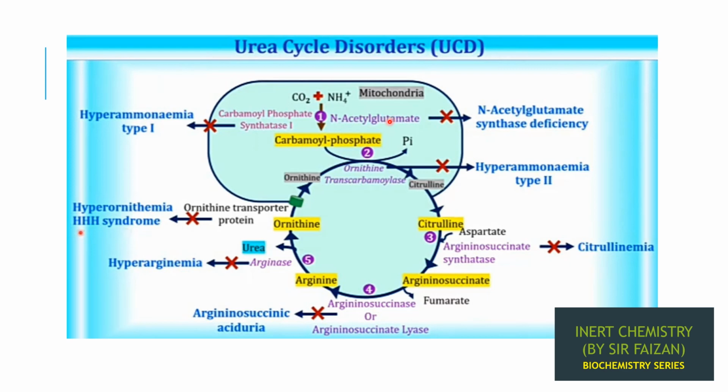This N-acetyl glutamate is an allosteric regulator of carbamoyl phosphate synthetase 1. So if it is defective or missing, it leads to N-acetyl glutamate synthase deficiency. You have to remember all these diseases only as a short answer question.